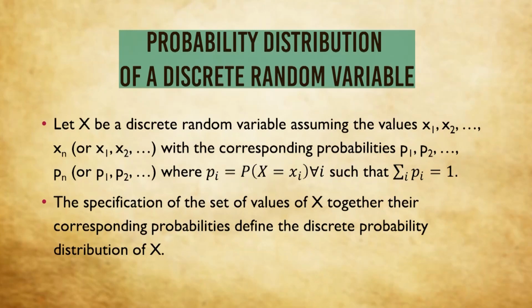So the probabilities will be p1, p2, ..., pn in the finite situation, or p1, p2, ... in the infinite situation. Obviously, the total probability will be equal to 1. So for any particular example, we can form a table where x will take up the values with the corresponding probabilities. A tabular form or specification of this is called the probability distribution of a discrete random variable.